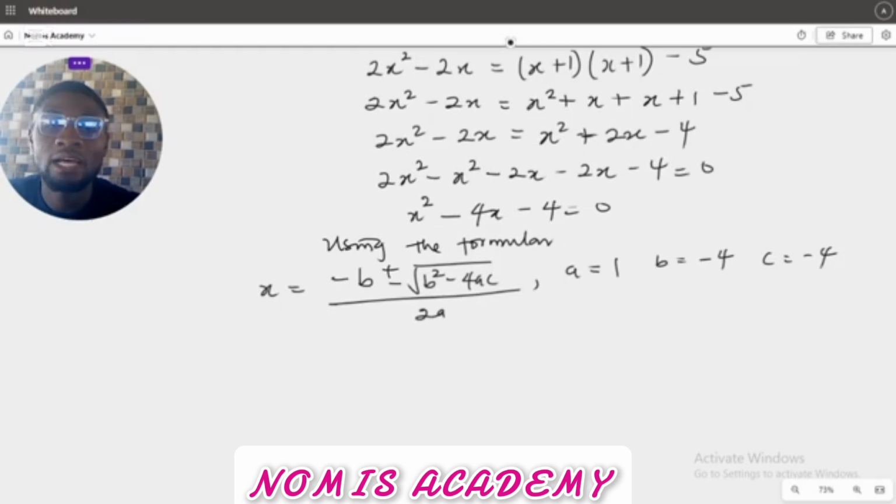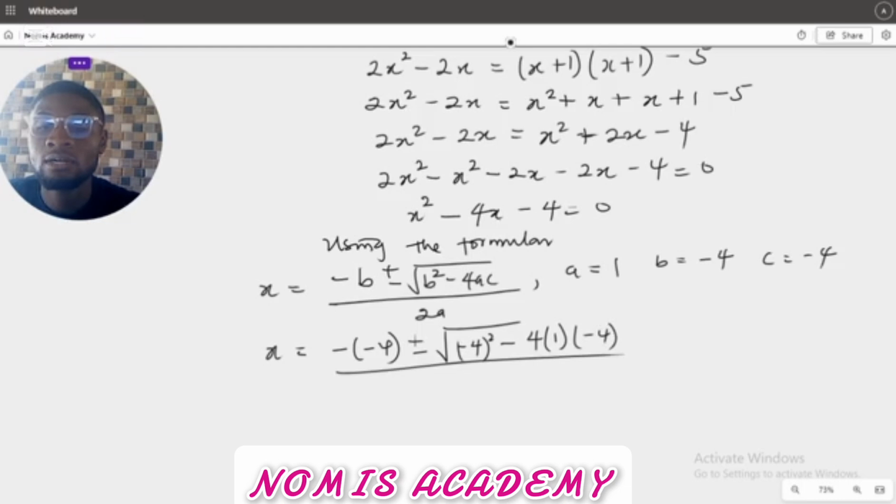Then x is equal to minus b, and b is minus 4. So we have minus (minus 4) plus or minus the square root of b squared, that is (minus 4) squared, minus 4 times a, that is 1, times c, that is minus 4 as well, all over 2 times 1.